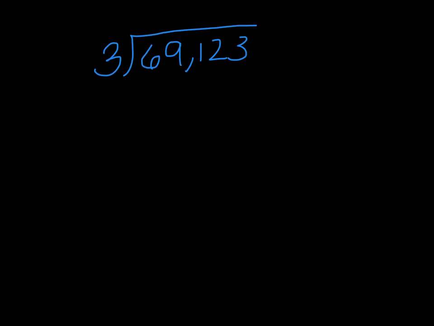So let's take a look at this last example. This one is divided by 3, so we need our divisibility rule for 3. So it says a number is divisible by 3 if the sum of its digits is divisible by 3. So we're going to add up all of these digits. So we have 6 plus 9 plus 1 plus 2 plus 3.